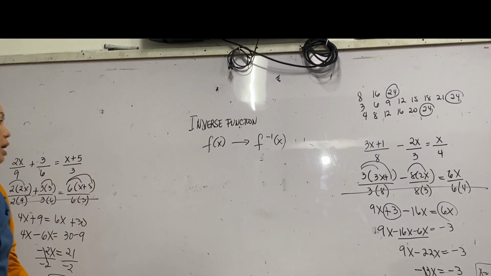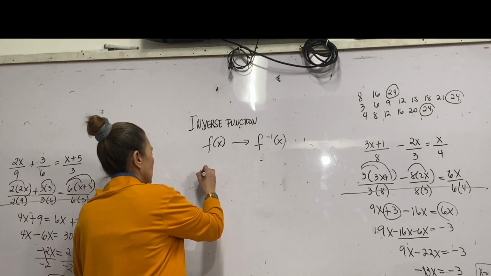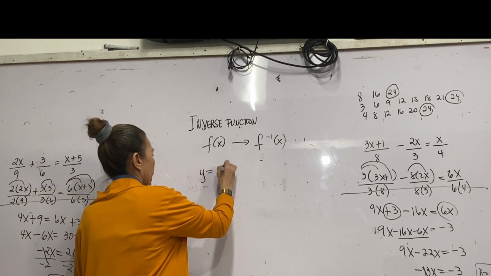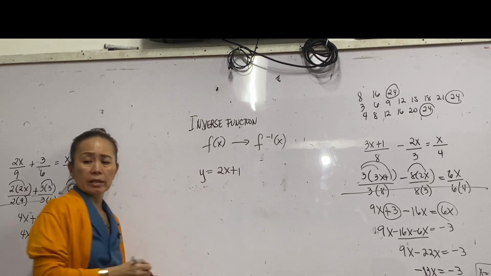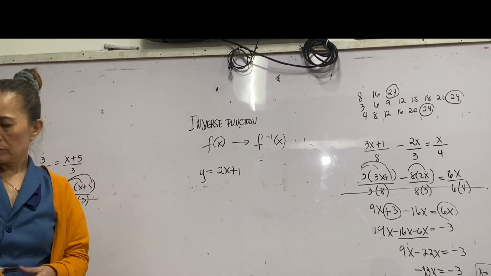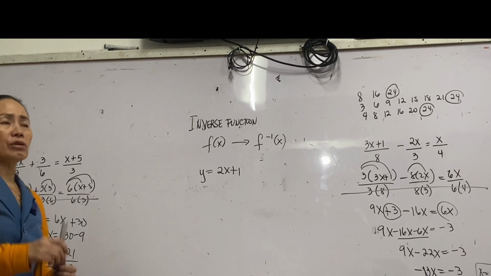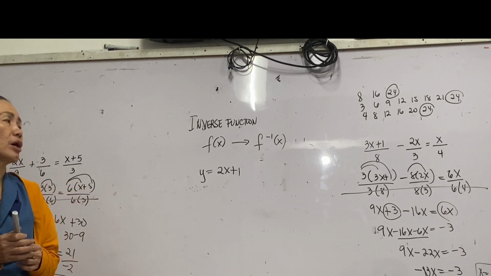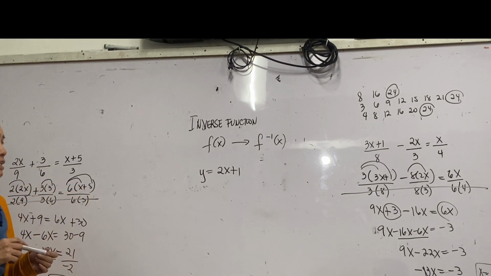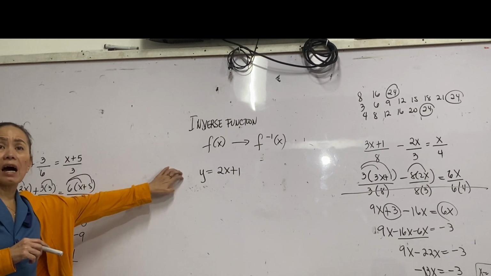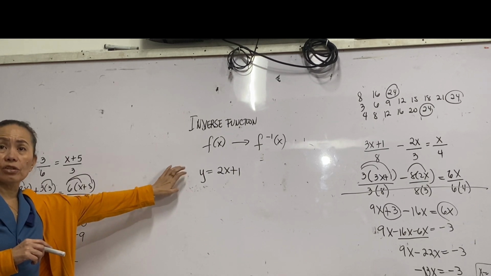Okay, let's say we have here y is equal to 2x plus 1. So, yung first rule po natin, how are we going to get the inverse function of this function? This is a function, ha?